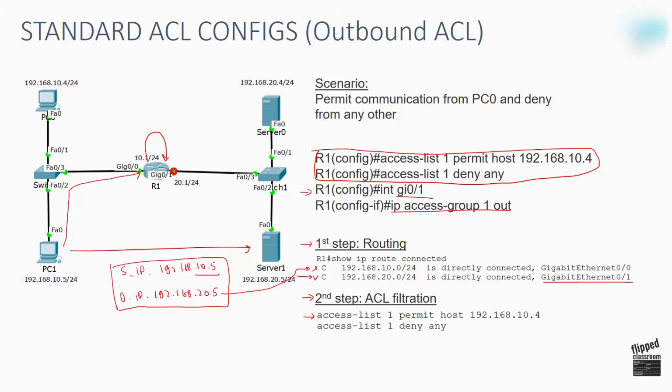We are not host 10.4, so it looks at the next rule, which says access list 1 deny any. Again, this IP address is not 10.4, so it is denied. After routing happened, the router made the ACL filtration, and after the filtration the router determined that this packet is not able to pass to the destination, and it will be denied here.